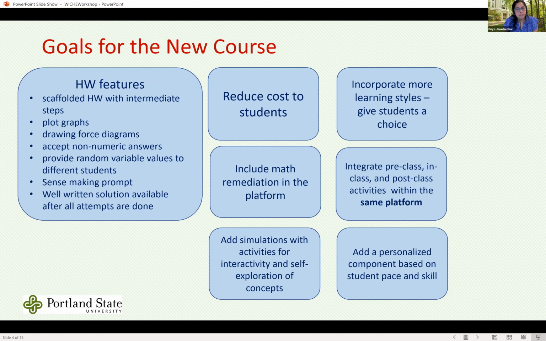So we wanted to create something that had homework, pre-lecture material, interactive simulations, all these support in one place, in one software. And we also wanted to reduce cost to students for this software.